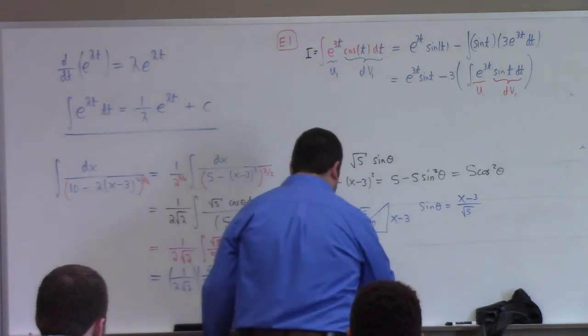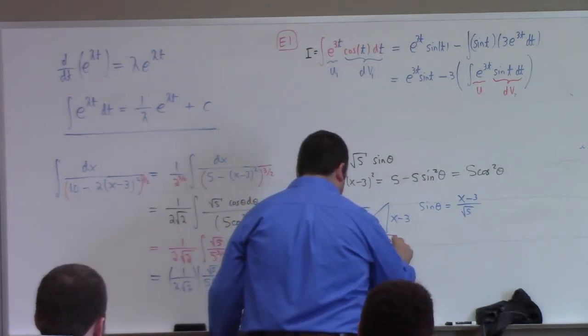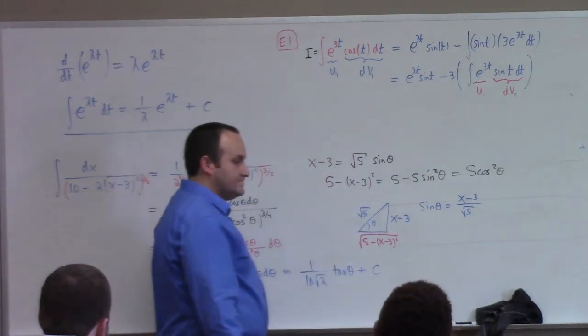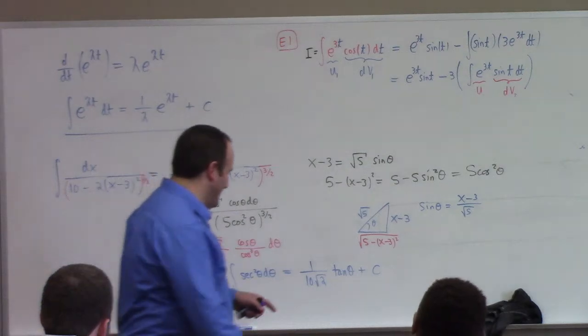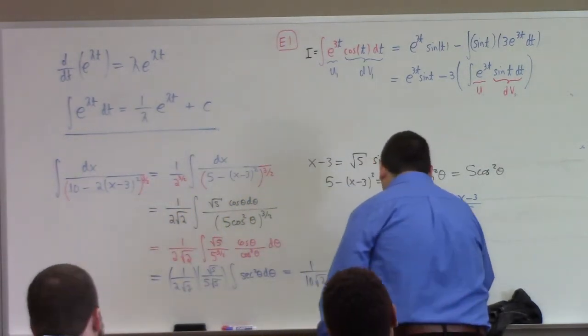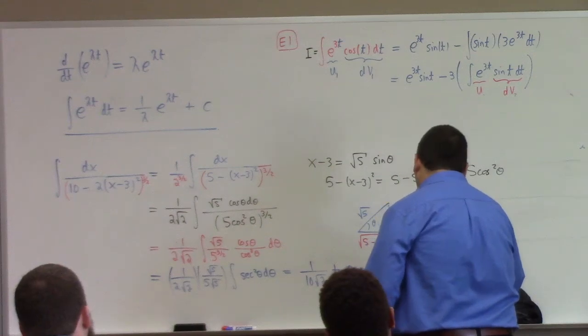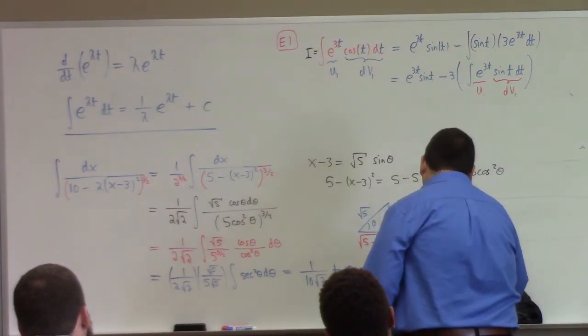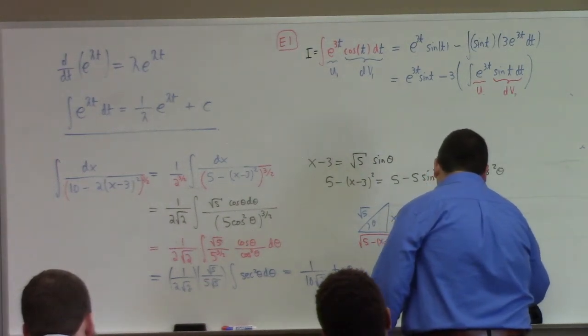Square root of them. And so the answer is 1 over 10 root 2 times x minus 3 divided by the square root of 5 minus x minus 3 squared plus a constant.